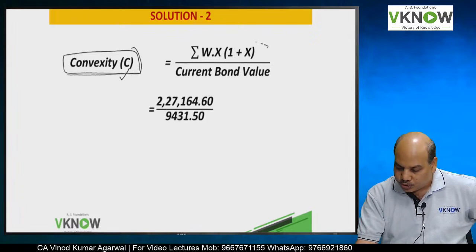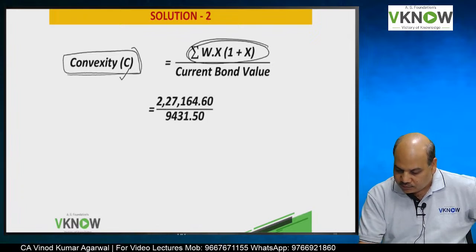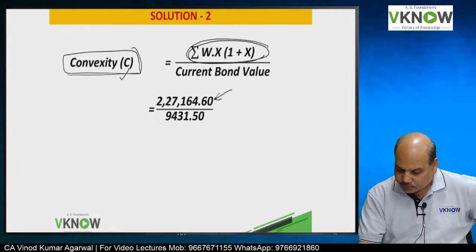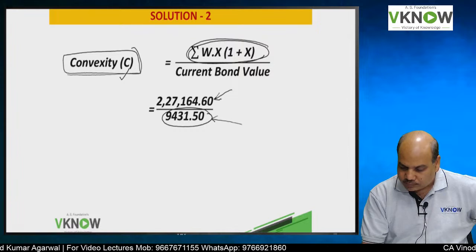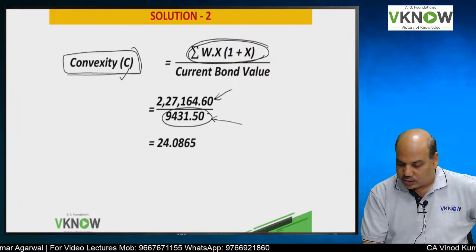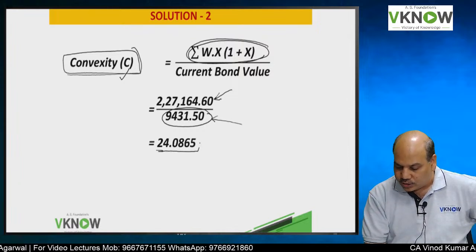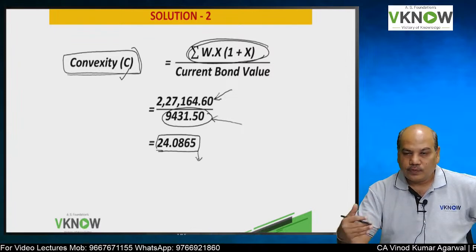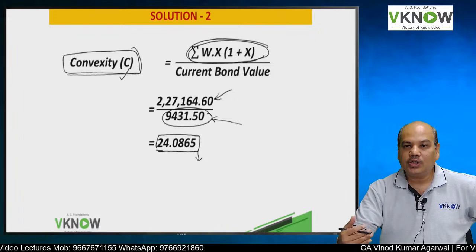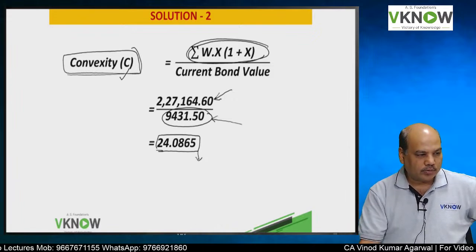So we have computed this number in the previous table, fifth column, and this is the bond price in the third column. So write down the answer 24.0865. This I will use to find out the change in the price of the bond.